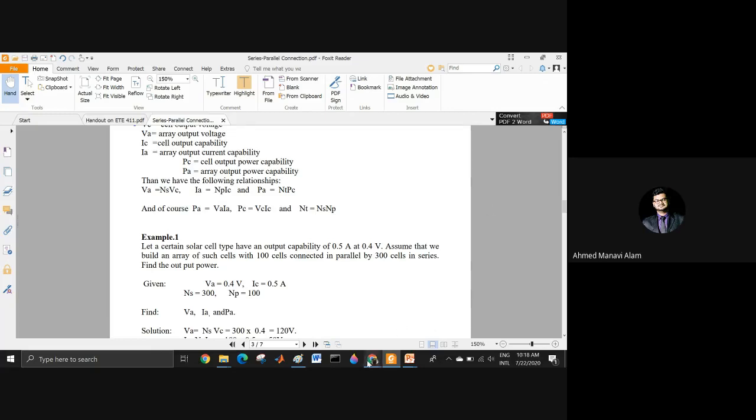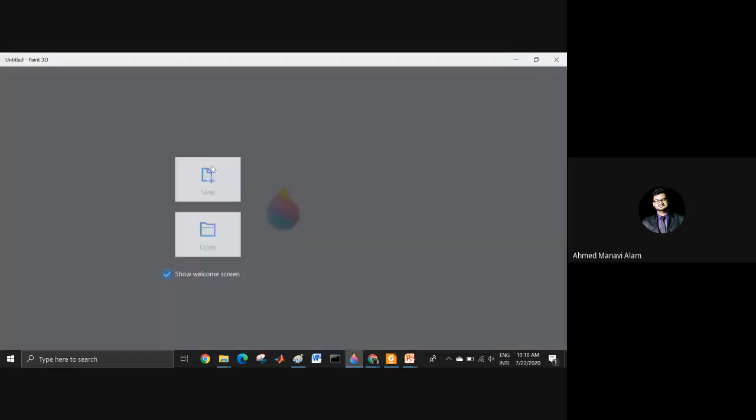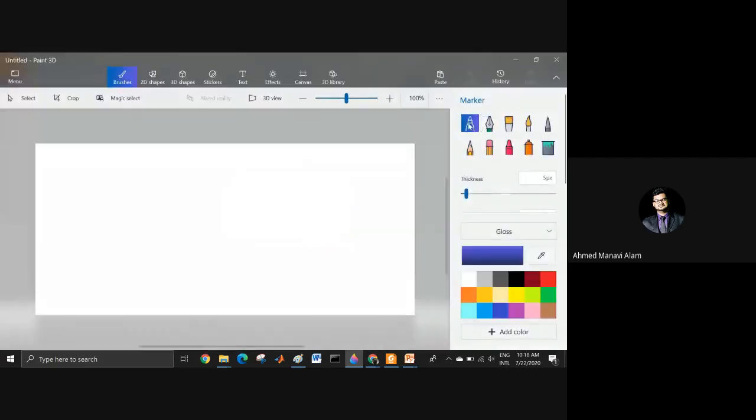From the previous class we have come to the conclusion. Suppose I am noting each cell by a circle, there are 3 cells in series, and suppose there are 3 parallel branches. That means 3 columns and 3 rows.